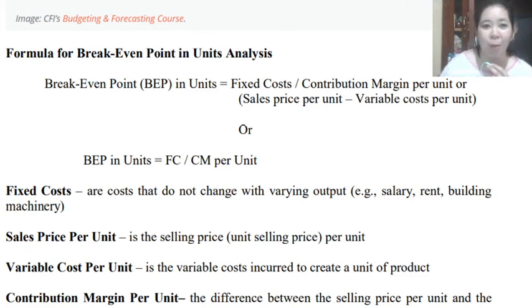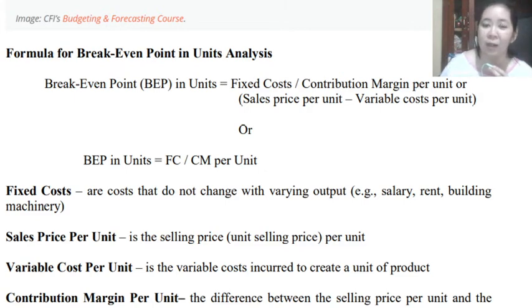While your sales price, of course, is the selling price per unit of product that the entity is selling. Variable cost is the cost that is incurred to create a unit or product, or in other words, variable costs are costs that follow the number of units being produced.